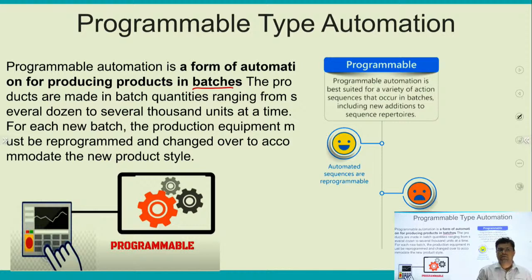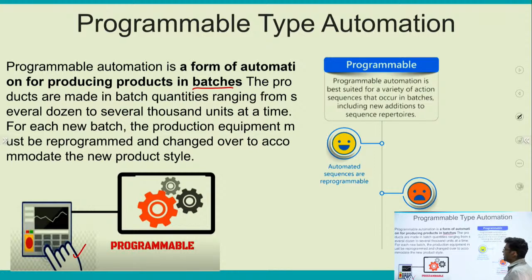In this case, from time to time, through programming devices, by a hand tool or some PC devices, we can change the program, and the sequence of the program can be reprogrammed. This is the main advantage of this automation system, but the limitation is that production cannot be increased as much as in fixed type automation.